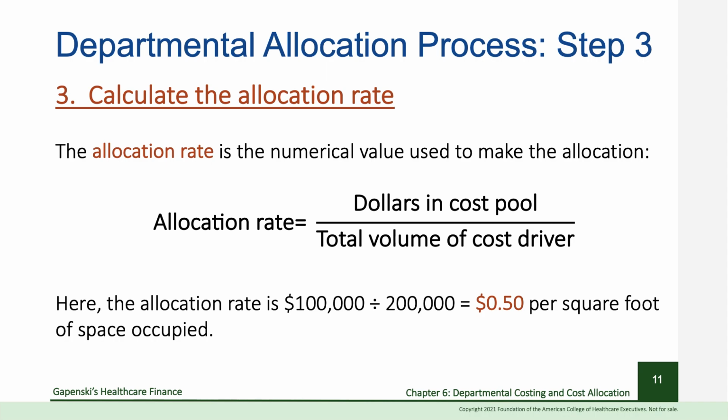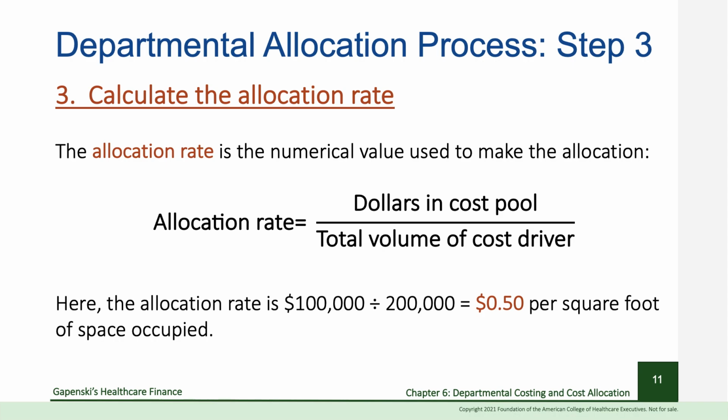Now we use those two numbers to calculate the allocation rate. The formula for allocation rate is dollars in cost pool divided by total volume of cost driver. The allocation rate is the numerical value used to make the allocation. And here the allocation rate will be $100,000, which was the cost pool money for housekeeping, divided by 200,000 square feet of space.